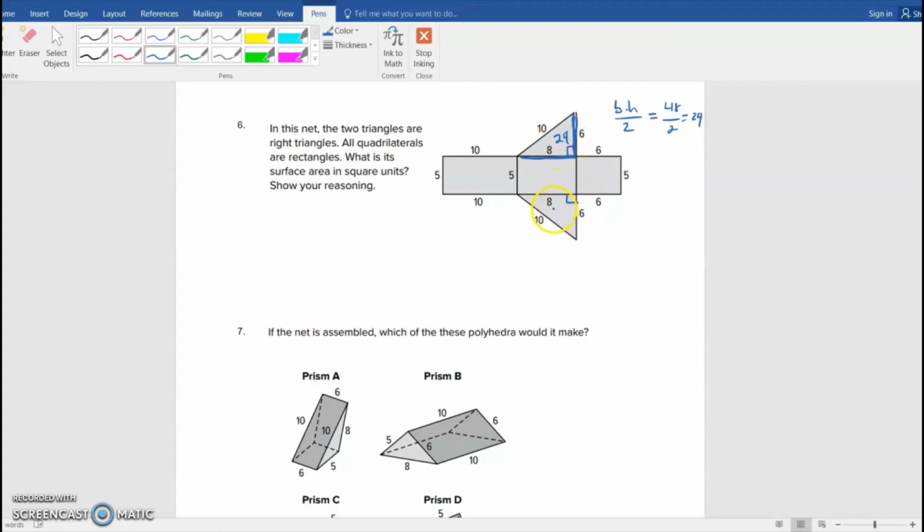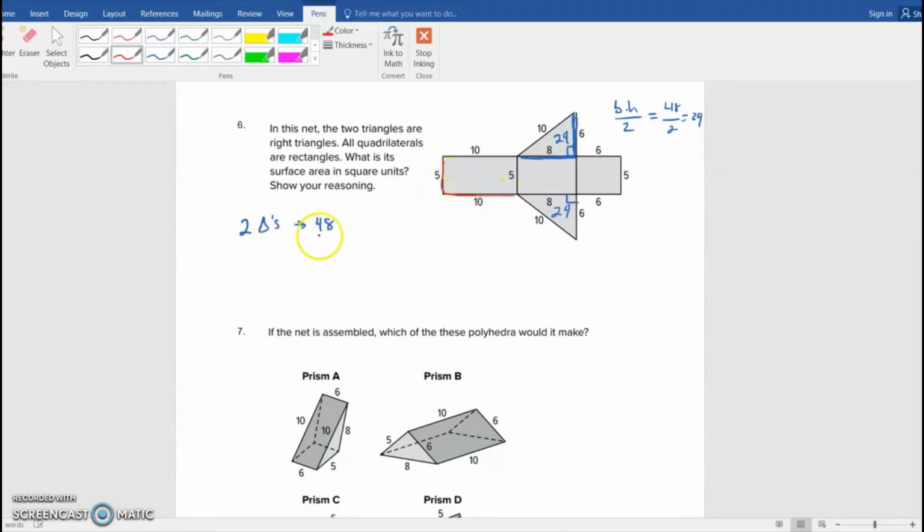And it looks like this is the same, so that would be another 24 units. So if I'm keeping track of my triangles, when I put them together, 24 and 24 gives me 48. So my two triangles are 48. Then it just leaves me with these 3 rectangles. So again, rectangles are base times height or length times width.